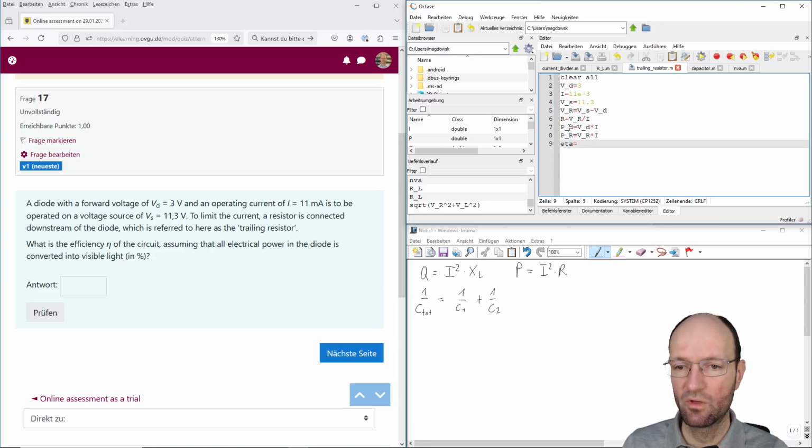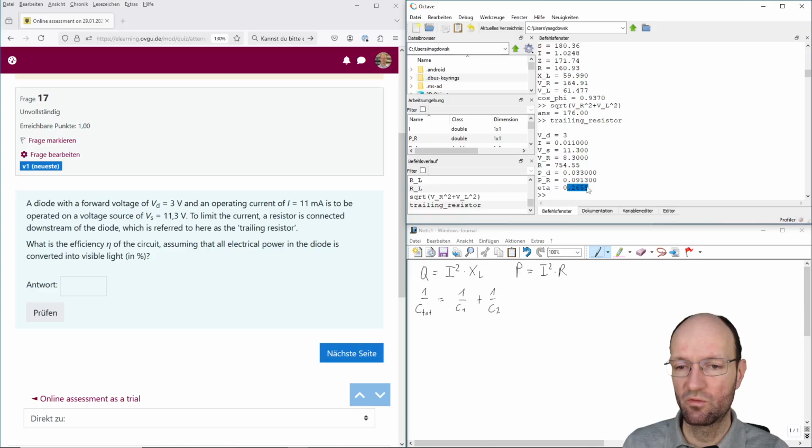And then we can say, okay, it's the power dissipated or converted in the diode divided by the total power, and the total power is the power in the diode plus the power in the resistor. And so we get 26.55% if we convert this into percent.